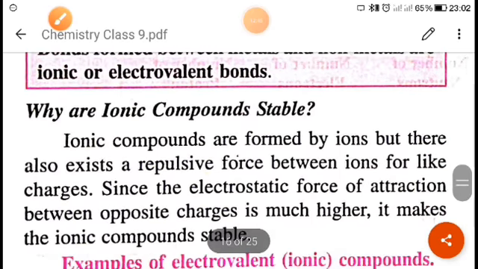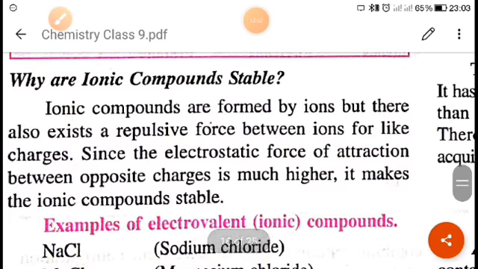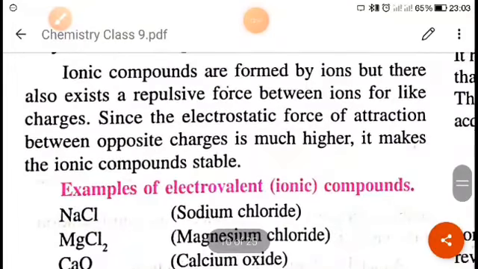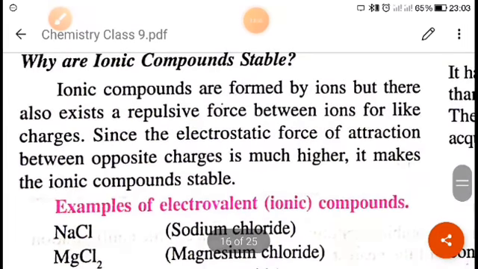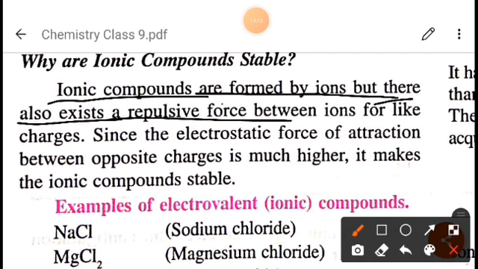Now the next question is why these ionic compounds are stable. As we know, an ionic compound is formed by ions, but there also exists a repulsion force between ions of like charges.